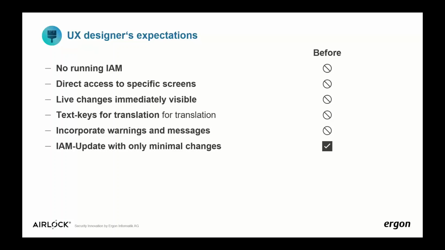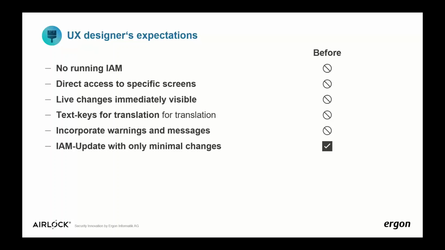It would be nice to have something with live changes, so immediately as someone saves the changes, they should be viewable. Text keys for the translation, so if a new non-translated button pops up, the text key should be viewable, so one immediately knows what text key should be used to set this translation.